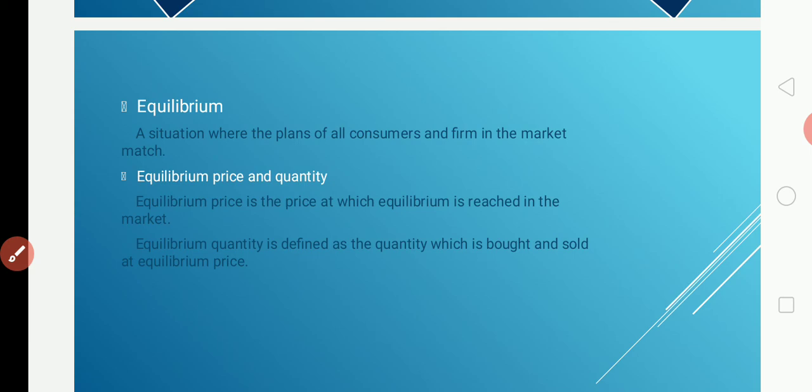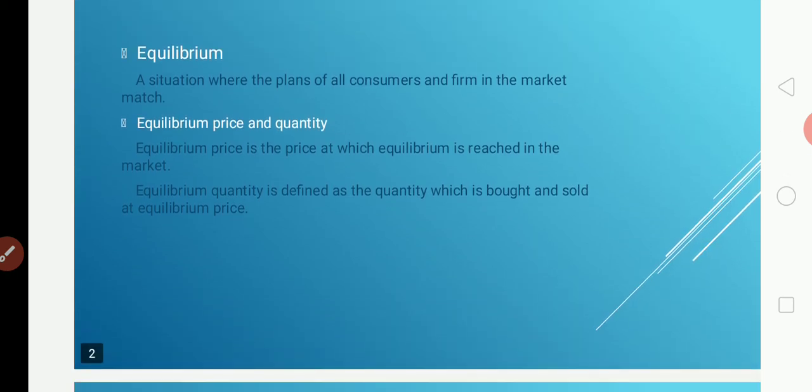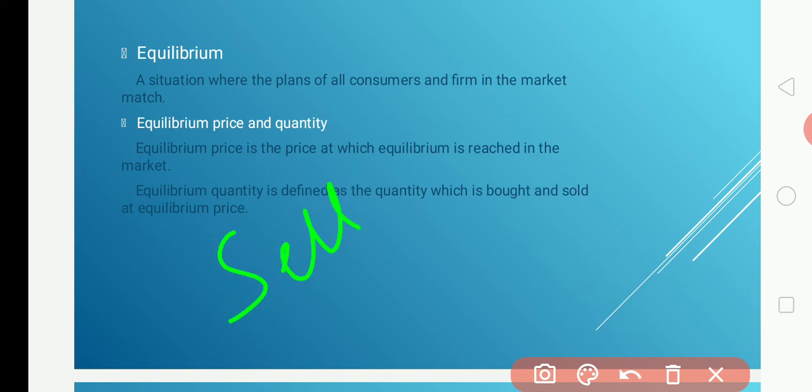I can say it in other terms: the aggregate quantity that all firms wish to sell, and aggregate here means total goods, will be equal to what all the consumers in the market wish to buy.